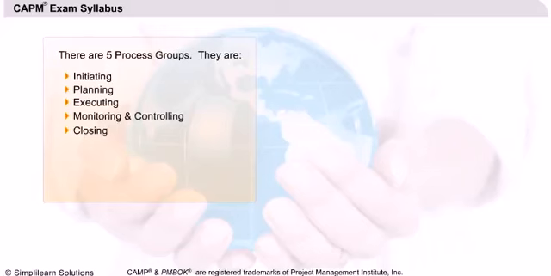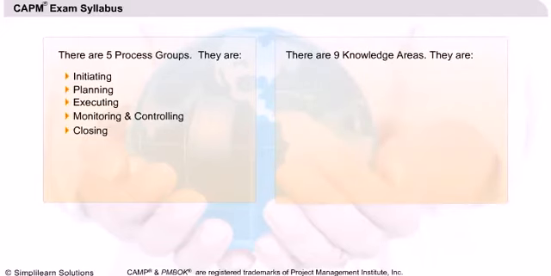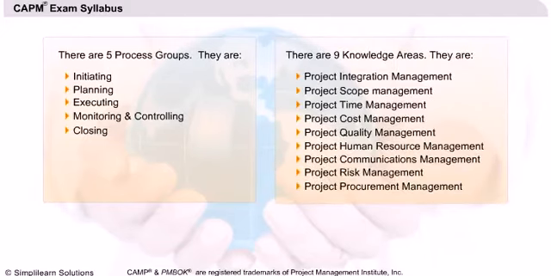Next, let's see what a knowledge area is. As per PMBOK, there are 9 knowledge areas. For example, human resource management is one of the knowledge areas. A knowledge area is a set of specific processes required to be performed to meet a project objective.